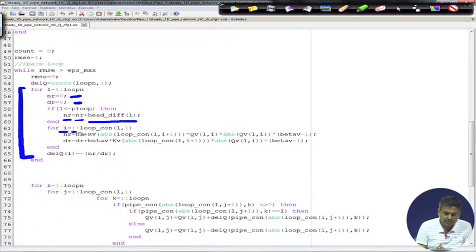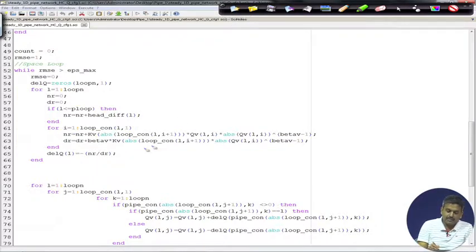So, I equals 1 to loop connectivity L1. L1 gives the entry in the first column. For the first loop we have 4 connected pipes.